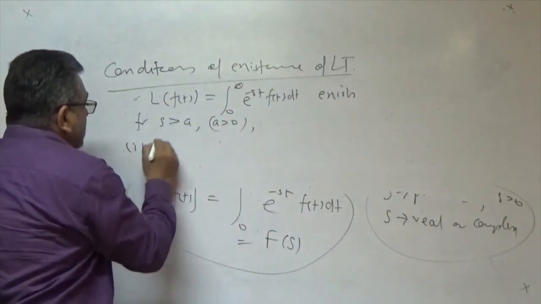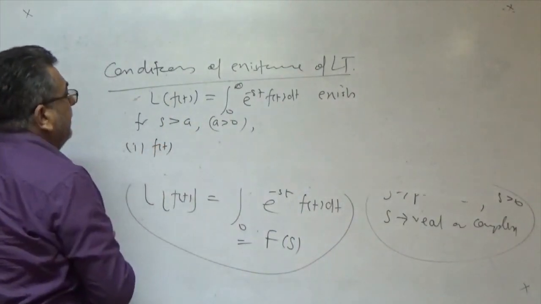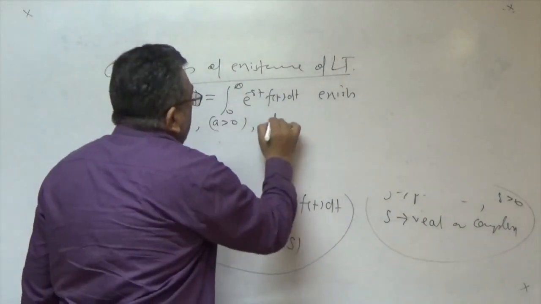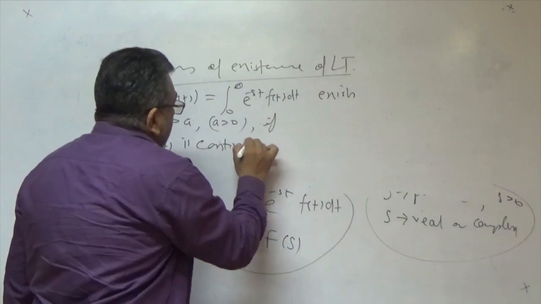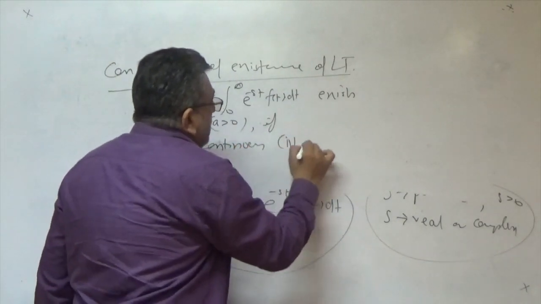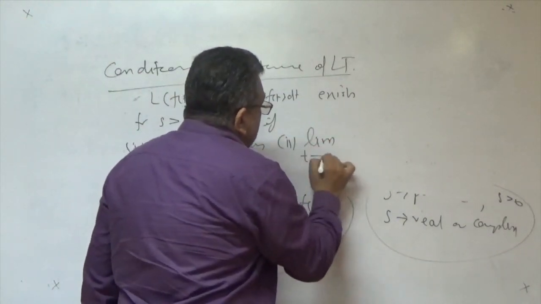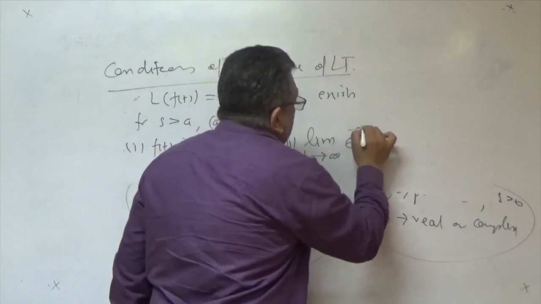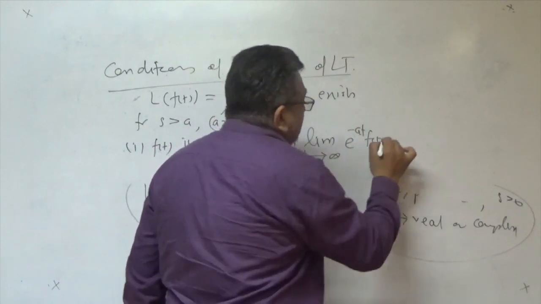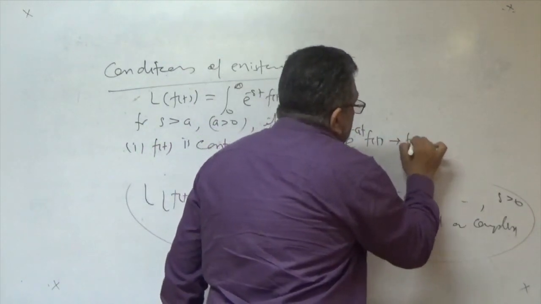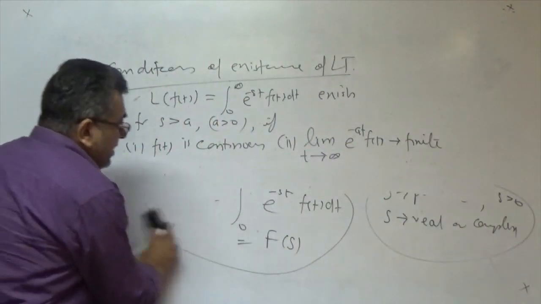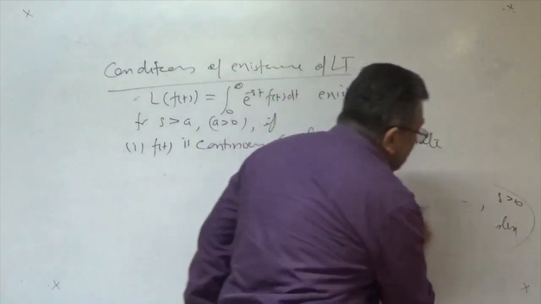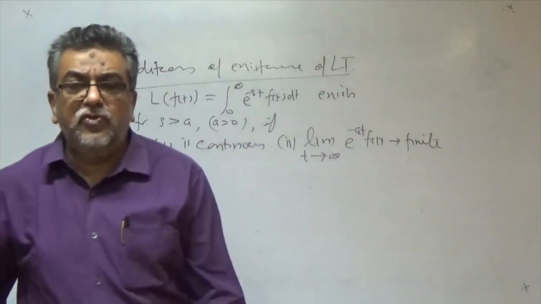Number one, f(t) is continuous, and number two, the limit as t tends to infinity of e to the power minus at f(t) exists and is finite. Actually, these are the two conditions for the existence of the Laplace transform.